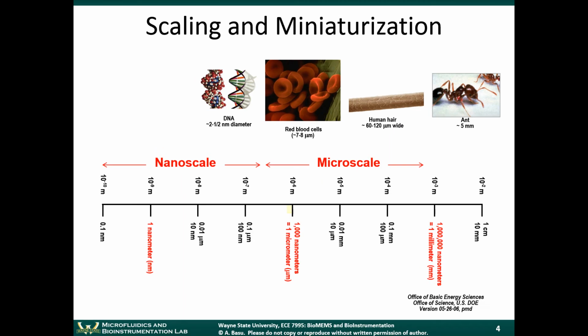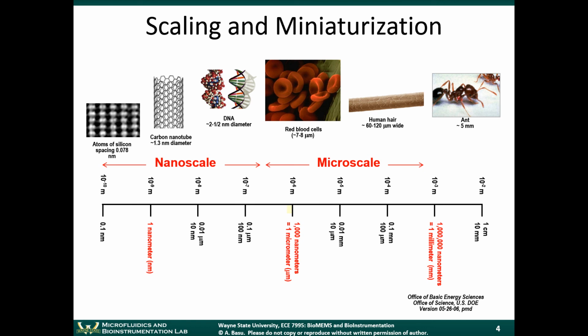All right, coming back to this. Carbon nanotubes. And once we get to even smaller than carbon nanotubes, when we get to 0.07 nanometers, less than 1 nanometer, now we're on the scale of the atomic spacing between individual atoms. What you can see here on the left is a TEM image of the actual atoms in the lattice of a silicon crystal.